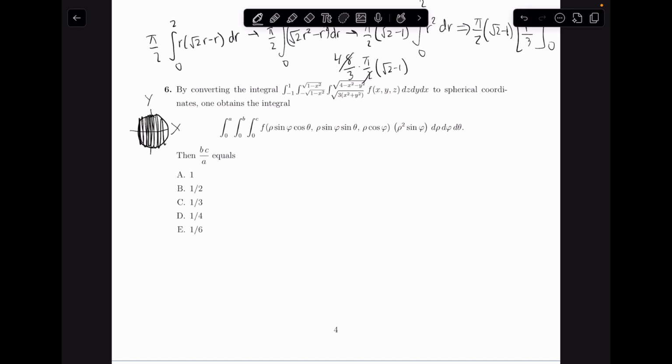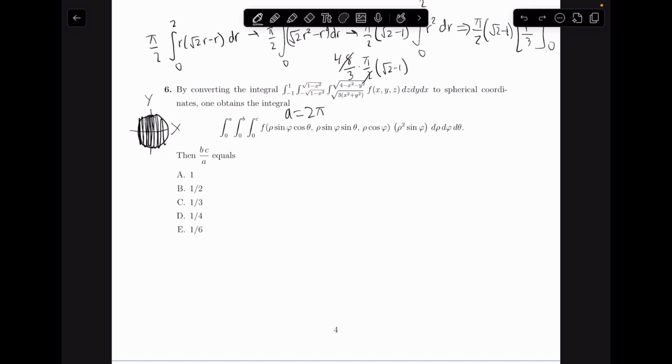So naturally, that's going to be 0 to 2 pi. So A is going to be 2 pi, and that's also reflected by that lower bound of 0. Not too bad there, but let's go ahead. I'm looking at our C value, or the top bound for our rho value. Again, it's starting at 0. They're all starting at 0, so that's something to keep in mind.